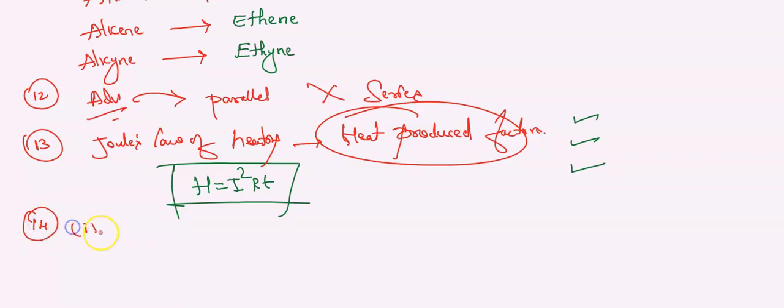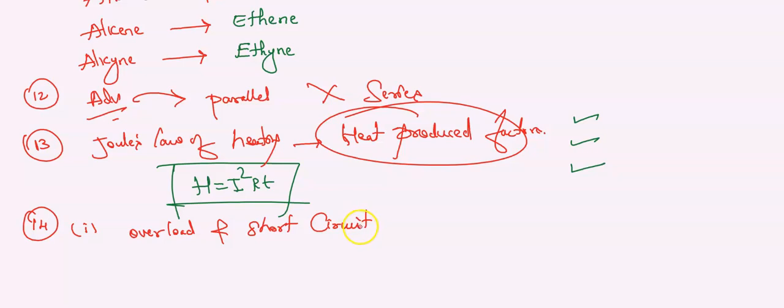Option 1: how do overload and short circuit occur in an electric circuit? Explain.